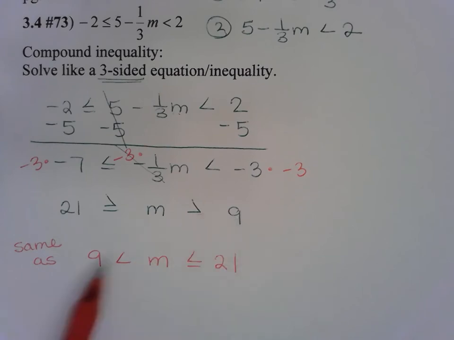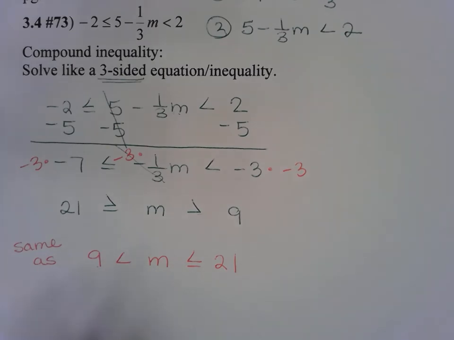Right now it's pointing at the 9, so when I flip it around, it should still be pointing at the 9. I don't really want to change anything. I just want to make it look neater so that it reads better from smallest to largest. And same thing here. This one's pointing at the m, so it should still be pointing at the m.